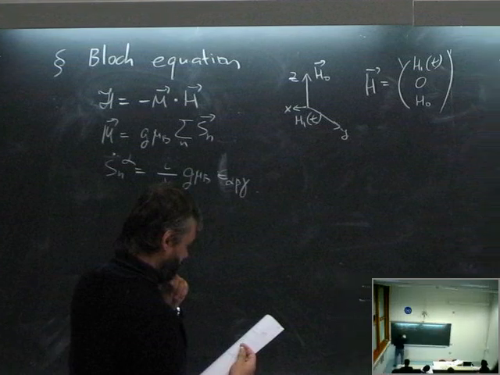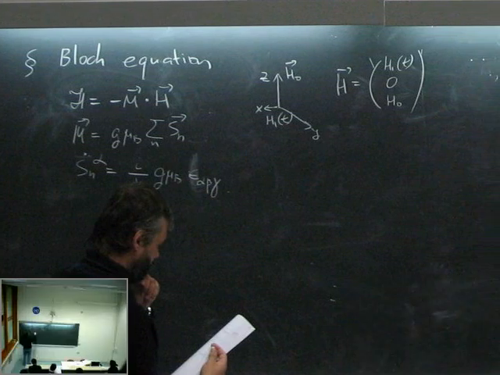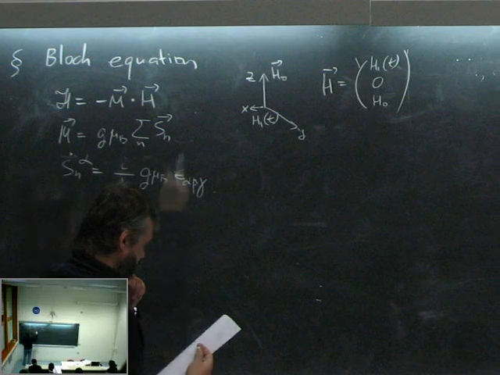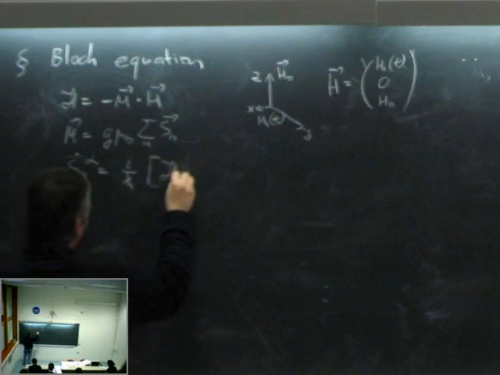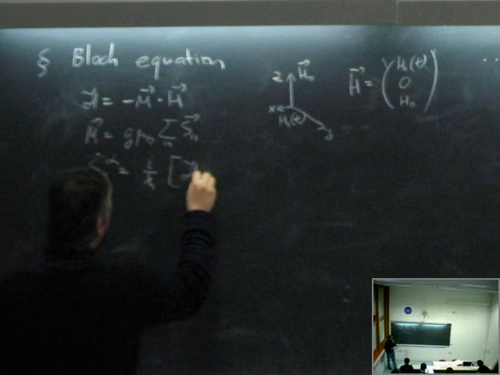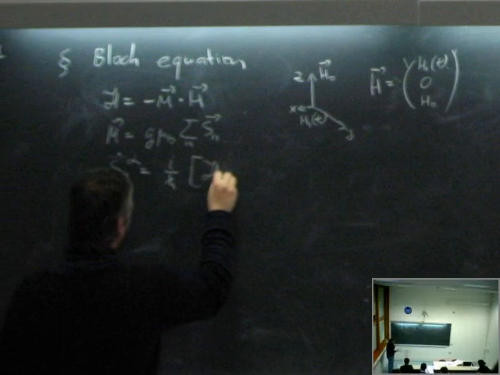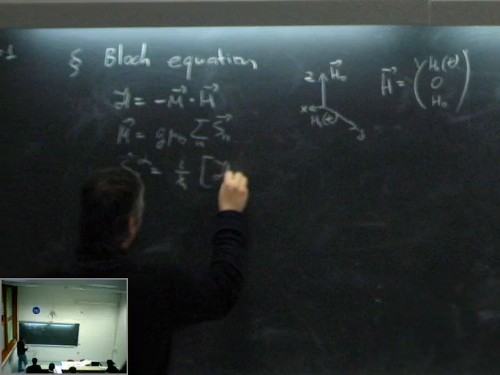That's not being hard. It's i over h-bar, commutator of the Hamiltonian and S_n alpha. Okay?